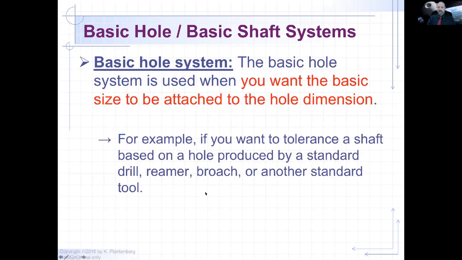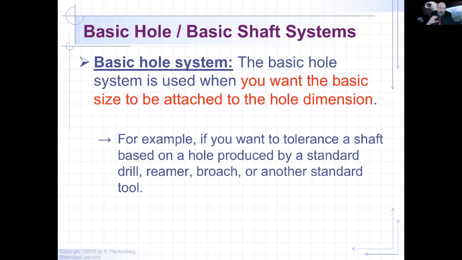Okay, so basic hole system. You're going to have a basic hole system or it's going to be a basic shaft system. The reason it's either or is what's more important. So if you use the basic hole system, you want the basic size to be attached to the hole dimension. That would be, for example, if you want to tolerance a shaft based on the hole produced.